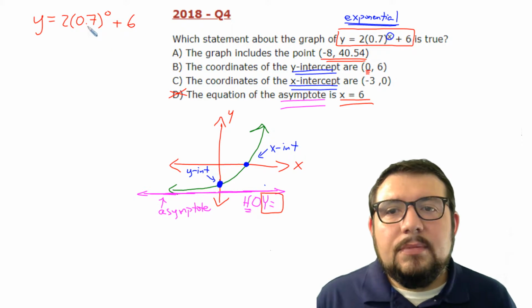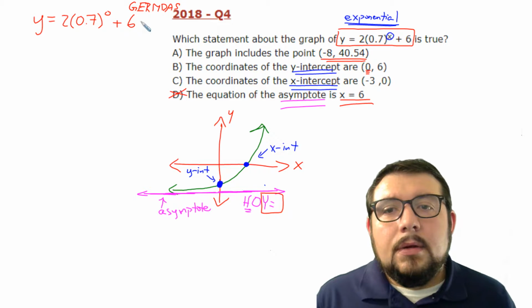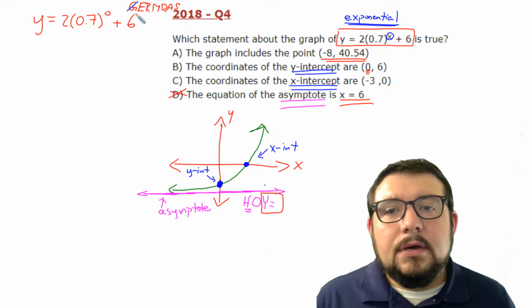Now, here's something important. 0.7 to the 0 power. This is a PEMDAS problem, or in high school, we sometimes call it GEMDAS. There are no groupings of any meaning.